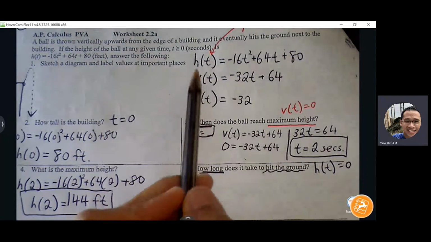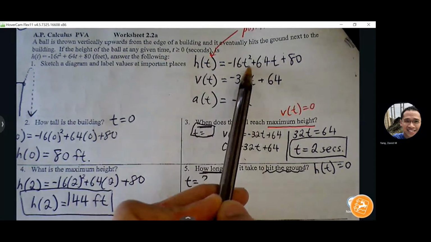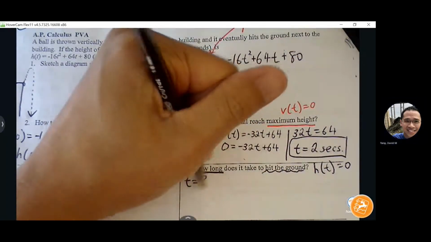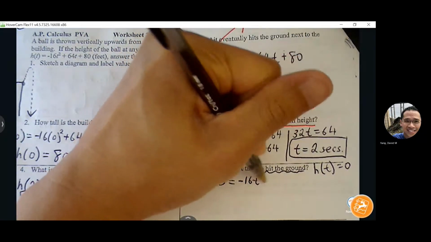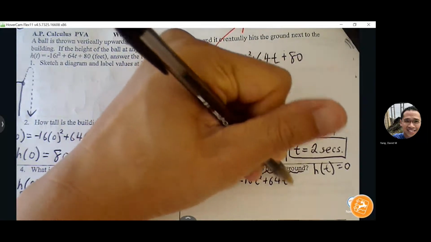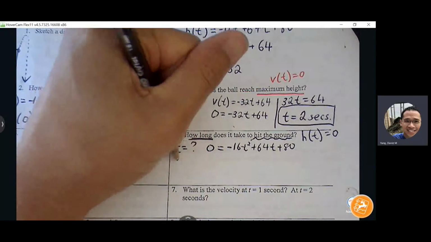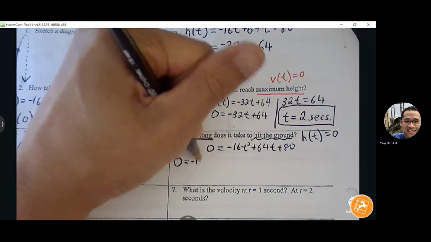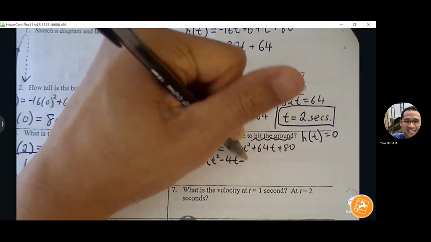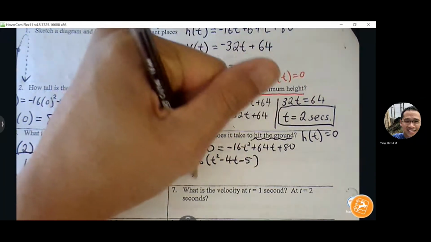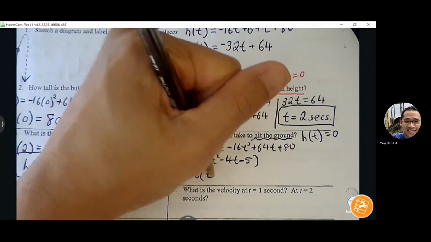If I can figure out when the height is 0, then I can solve for t. So 0 equals. Okay, there's a factoring problem here. We can actually factor a negative 16 out of each of the terms. Okay, go through factoring: multiplies to be negative 5, adds up to be negative 4.